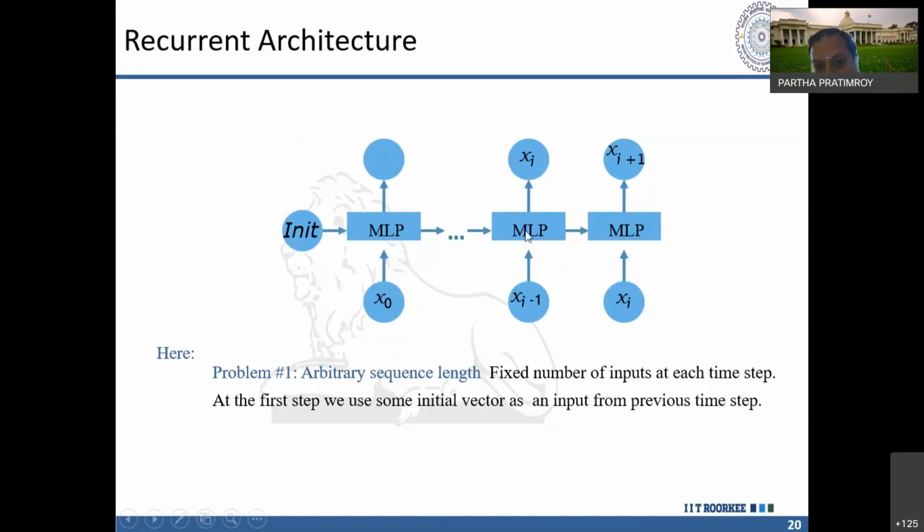So maybe in this multi-layer perceptron, we should have another input which will give some probability of the previous information, like an init, or for example a start, which initially will be 0.